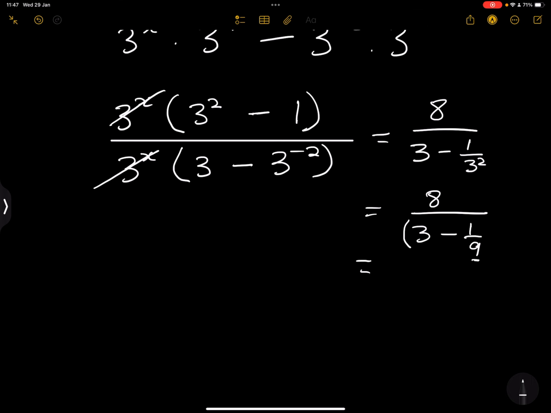So what you can do is multiply by 9, but what you do at the bottom, you can do at the top. So let's do this. That would be 9 times 8. In this case, that would be 72.